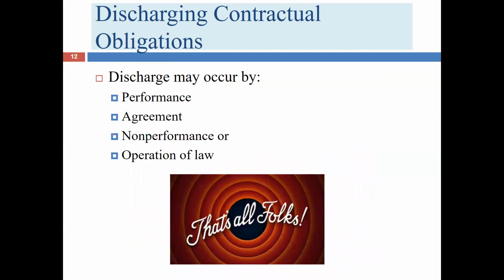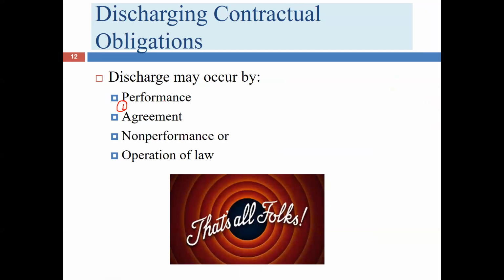So we're going to have four different ways we're going to think about discharge. We're going to have PANO, kind of like Plano, but there's no L, unfortunately. So you might want to imagine an L there and just think about the L as being something without a representation.